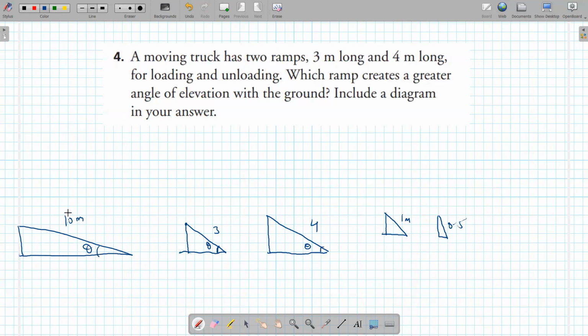So how does this impact the angle? Does a bigger ramp mean a higher angle or a lower angle? Lower. Yeah. So the longer the ramp is, the lower the angle of elevation will be.